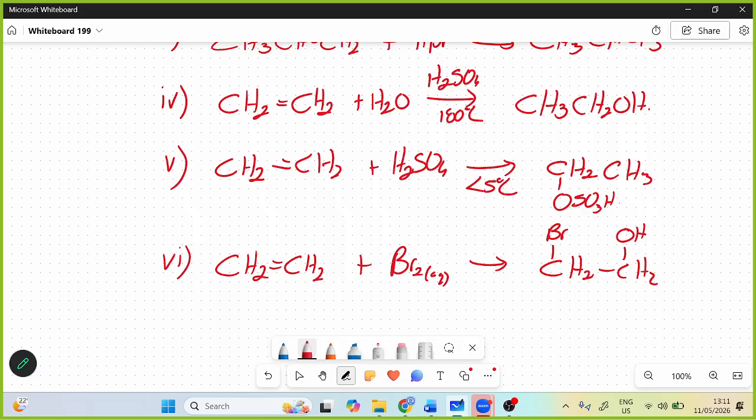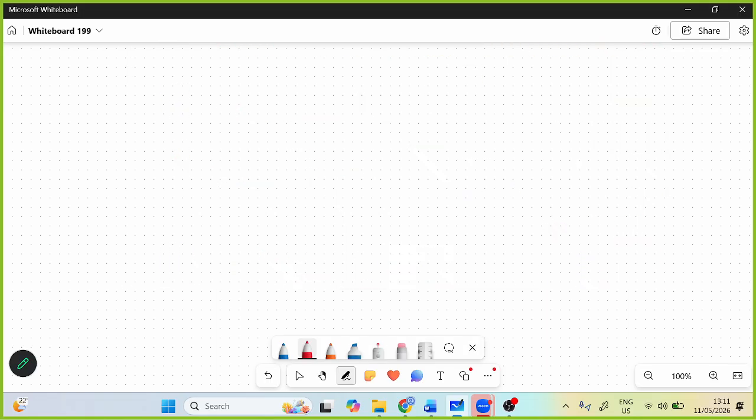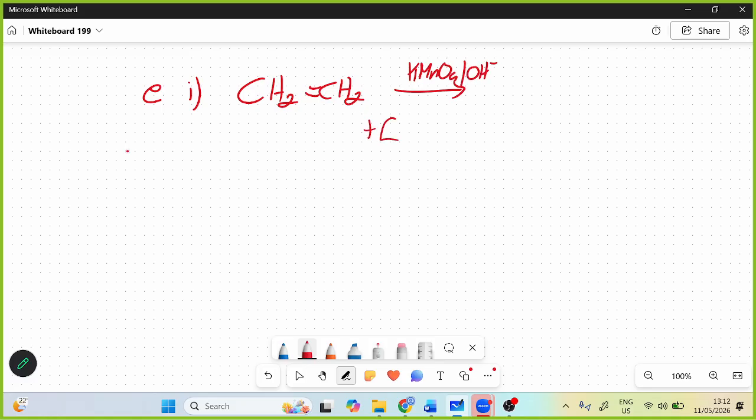Alkenes can also be oxidized. You have ethene, so this is E1. If you want to write the oxidizing agent, you write plus oxygen.